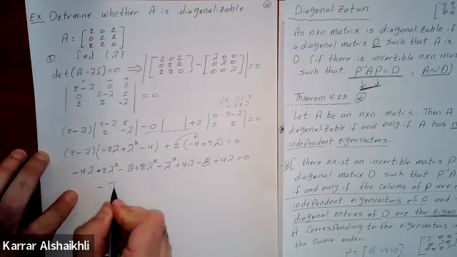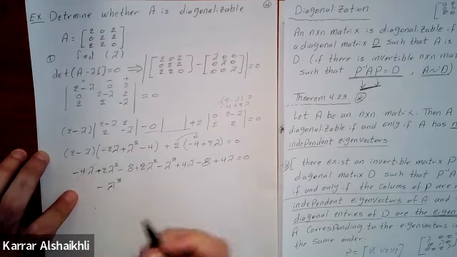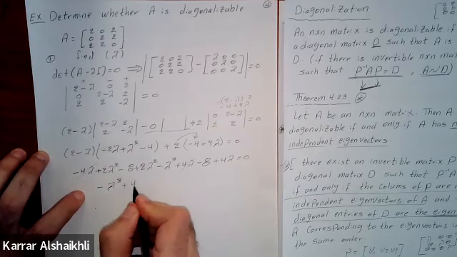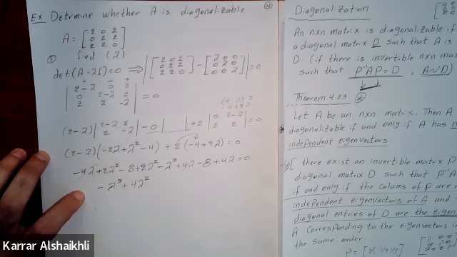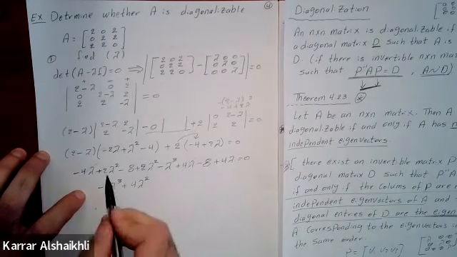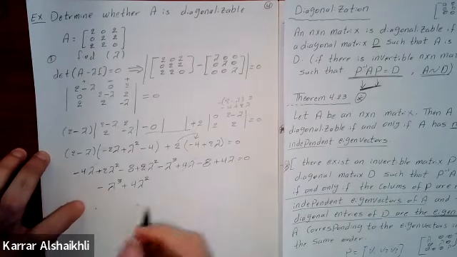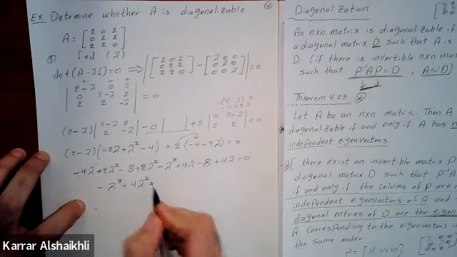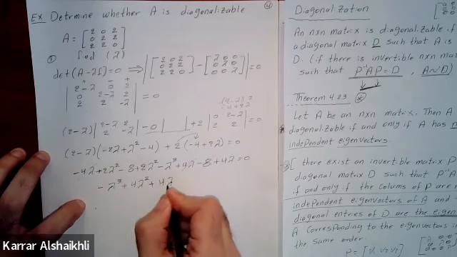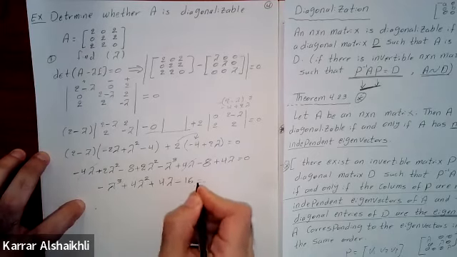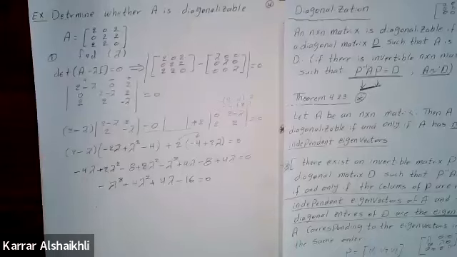So negative lambda cubed plus 4 lambda squared plus 4 lambda minus 16 equals 0.